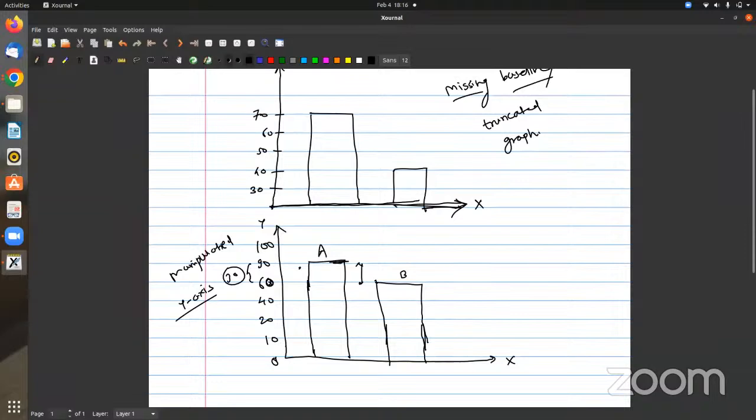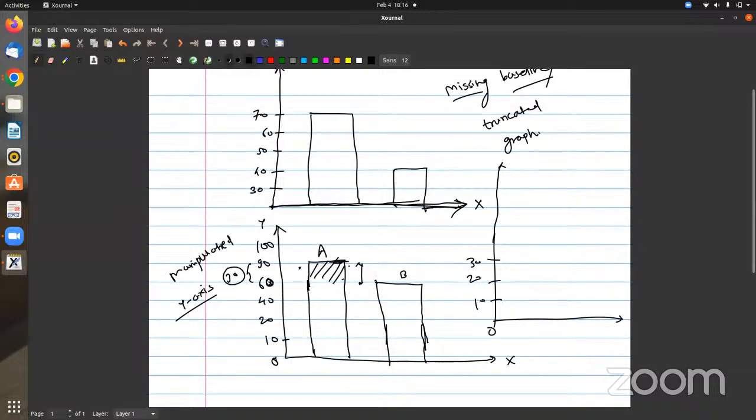When we draw it properly, with a scale of 10, so 0, then 10, 20, 30, this gap will look magnified.